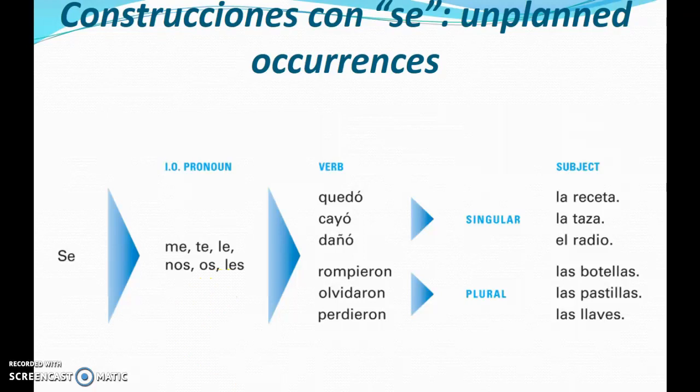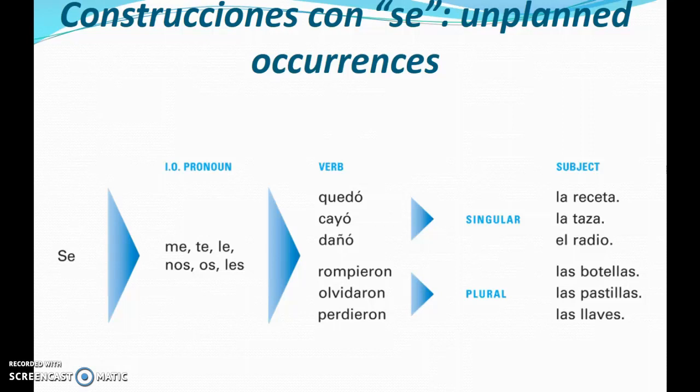And then other verbs are romper, olvidar, perder. And so we don't say, for example, we broke the bottles. We say the bottles broke themselves and it affected us. So, se nos rompieron las botellas. Y las pastillas. We don't say that they forgot the pills.